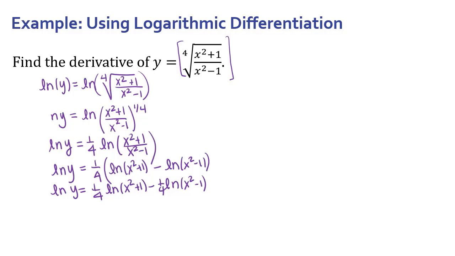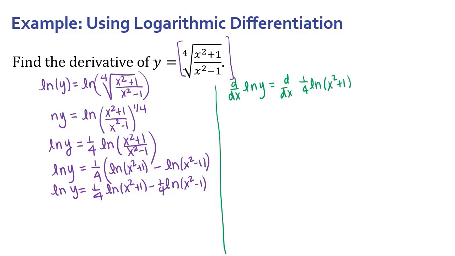So we're going to take the derivatives of both sides. The derivative of the natural log of y equals the derivative with respect to x of 1/4 natural log of x squared plus 1, minus the derivative with respect to x of the natural log of x squared minus 1.